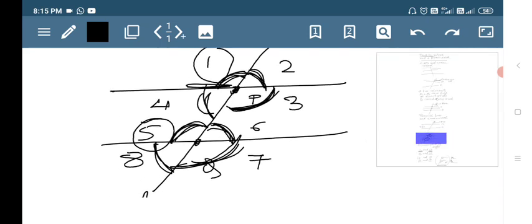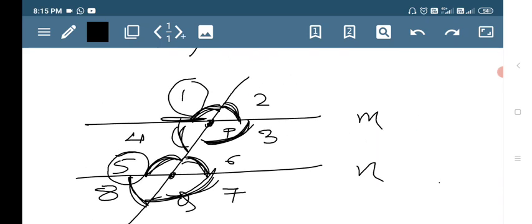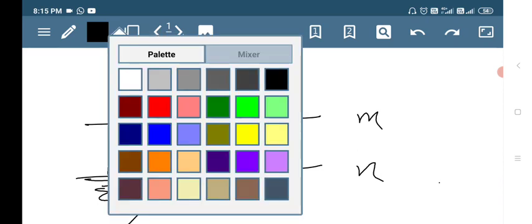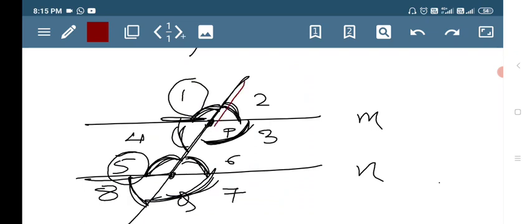If you see this figure, angle 1 and angle 5 form an F shape, though inverted, right?